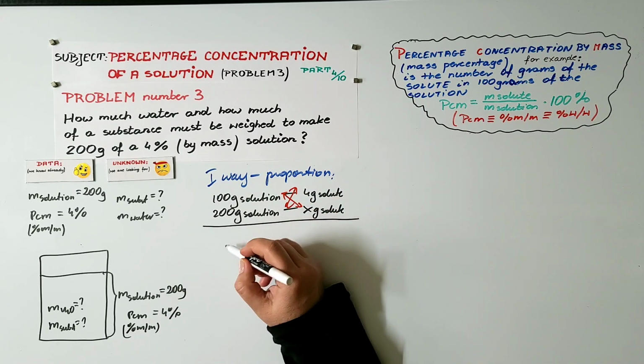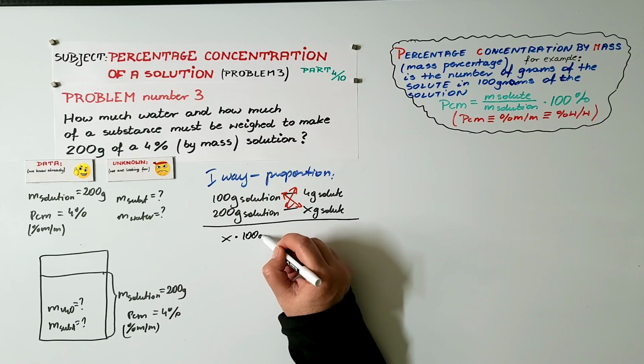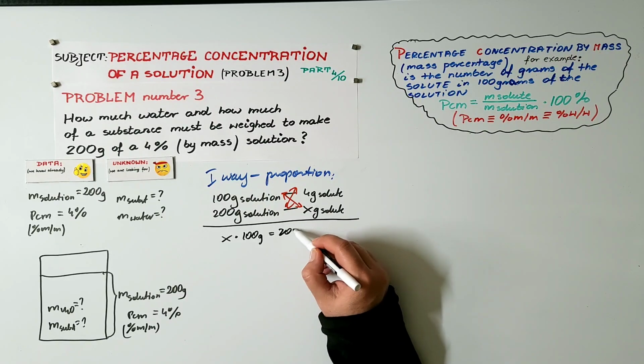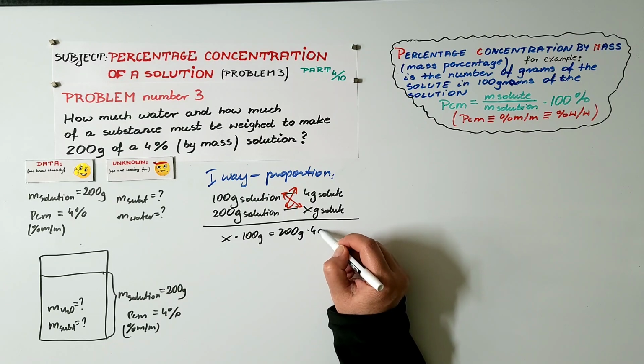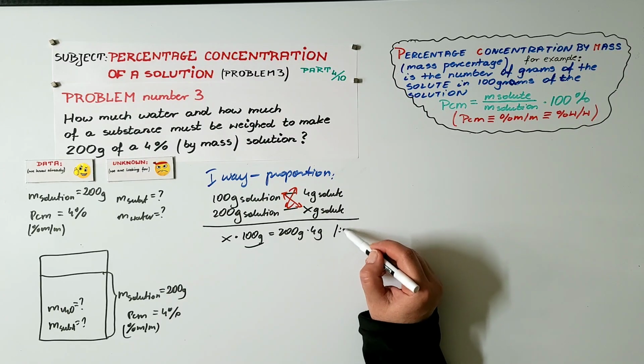So X times 100 grams equals 200 grams times 4 grams. To solve for X, we need to divide both sides by 100 grams.